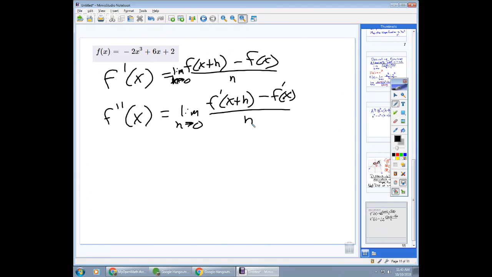So why do we need the second derivative? Good question. Suppose this thing talked about the position of an object over time. The slope is the speed of the object. If we take the change in slope, any idea what that gives us? Change in speed? Velocity. No, speed is velocity.